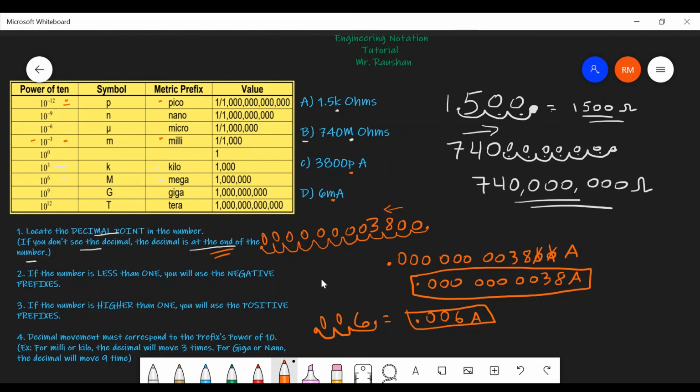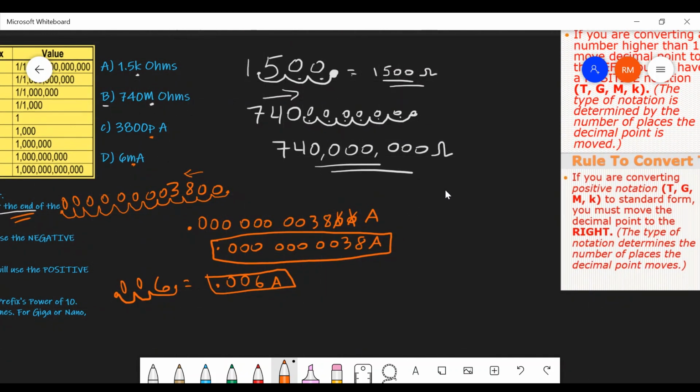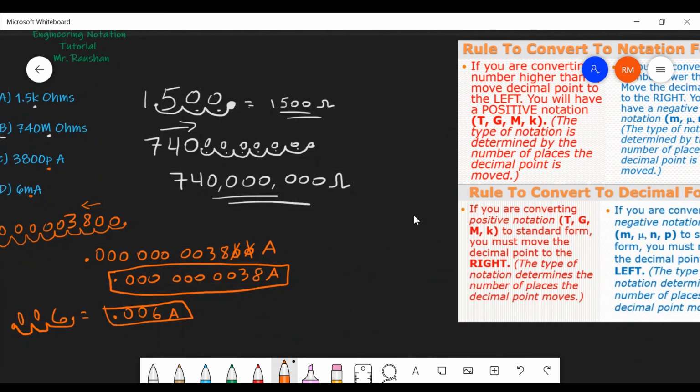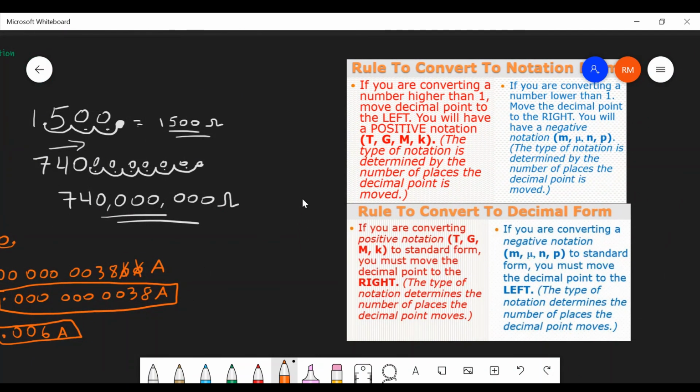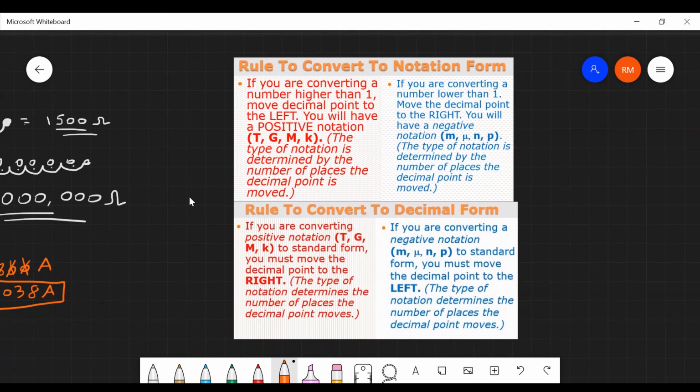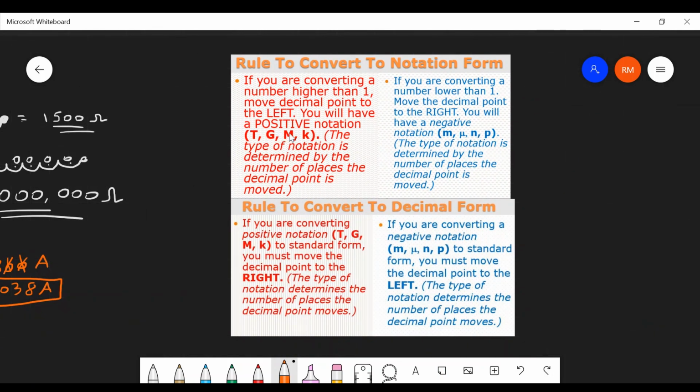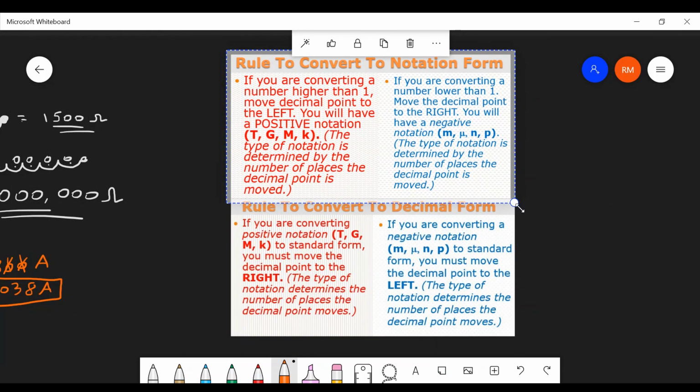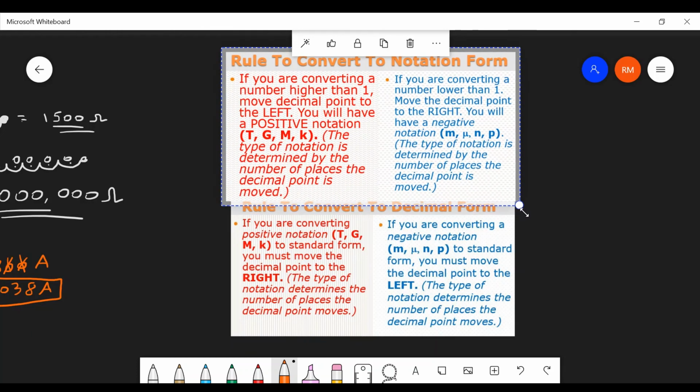Alright, now which way do we move the decimals? Left, right, left? It gets a little confusing, guys. I get it, I understand. You're kind of flip-flopping back and forth, right? Well, I have a set of rules that I kind of created that I hope helps. Check this out. So the first rule is to convert it to notation form.